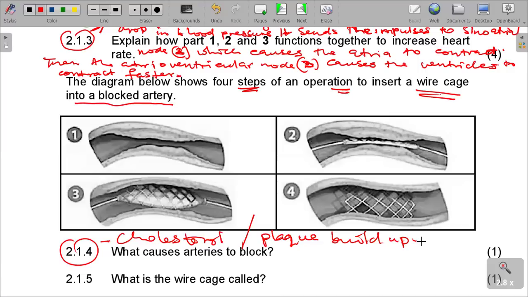I'm sure we have heard quite a lot of times when we talk about the effects of cholesterol in the foodstuffs that people are consuming. One effect it has is that it can cause arteries to block, which is not good, and blockages of arteries can also affect blood circulation. It can also be plaque build-up, which can cause the arteries to block.